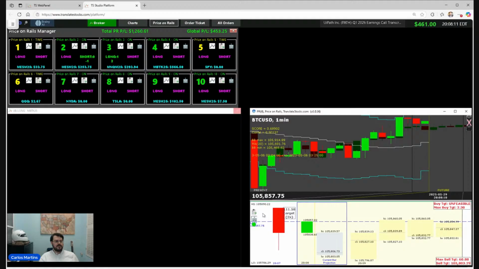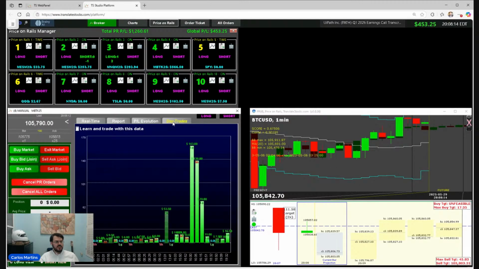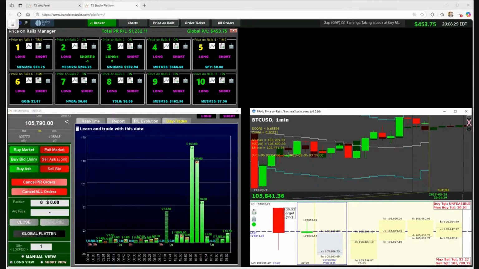And here we have the P&Ls of the trading. This is the futures trading, okay? We have the crypto chart, the Bitcoin crypto chart, on the right, and on the left we have the MBT K25 screen report.